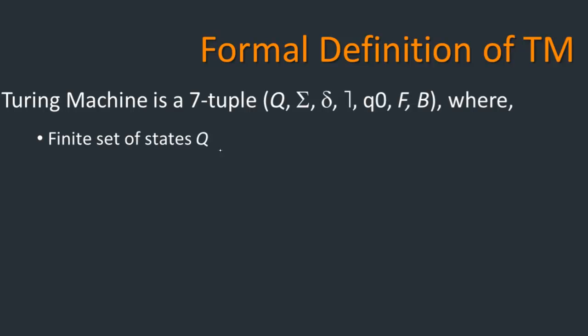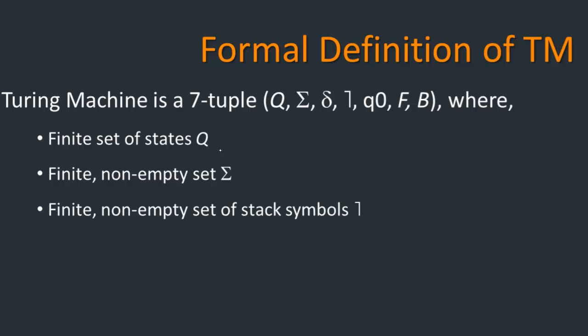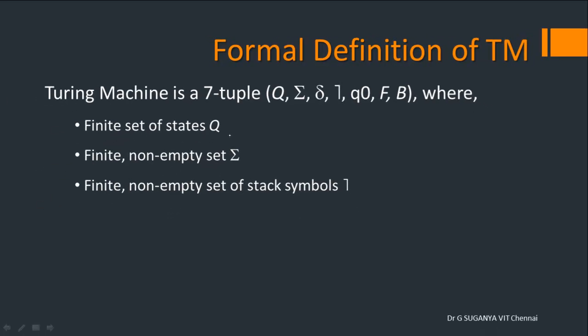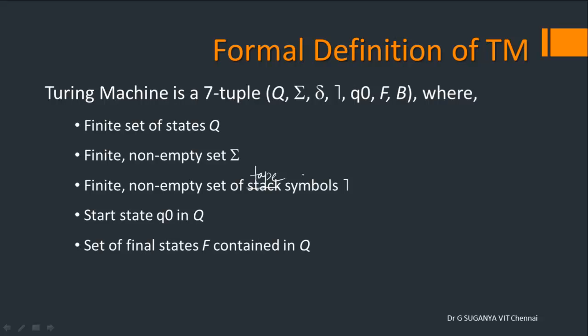It has a finite set of states Q, a non-empty set sigma which represents the input alphabet, and a non-empty set of tape symbols. Then you have a special state designated as the start state and a set of final states, which say whether a particular word has been accepted by the language or not.